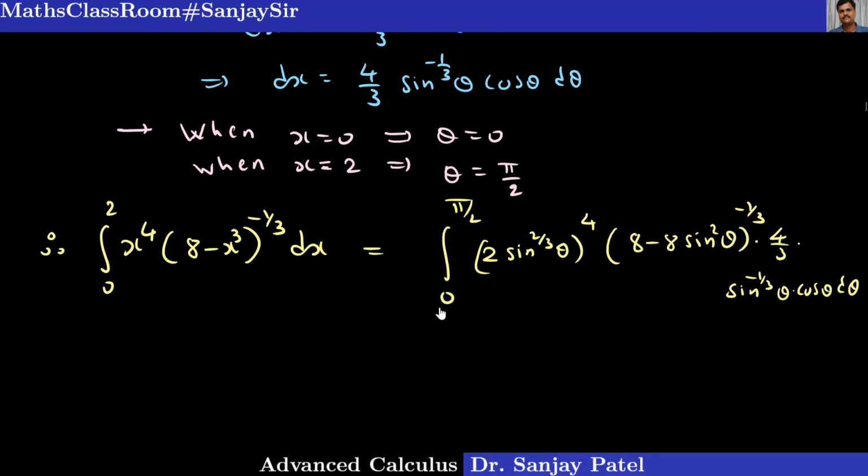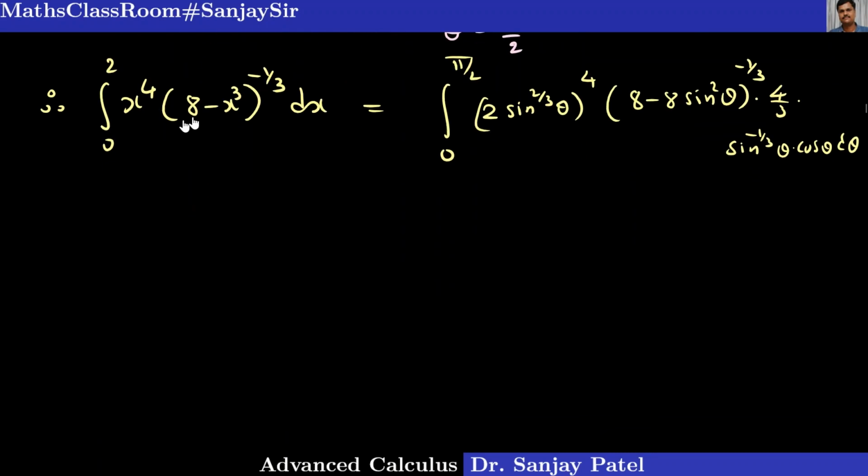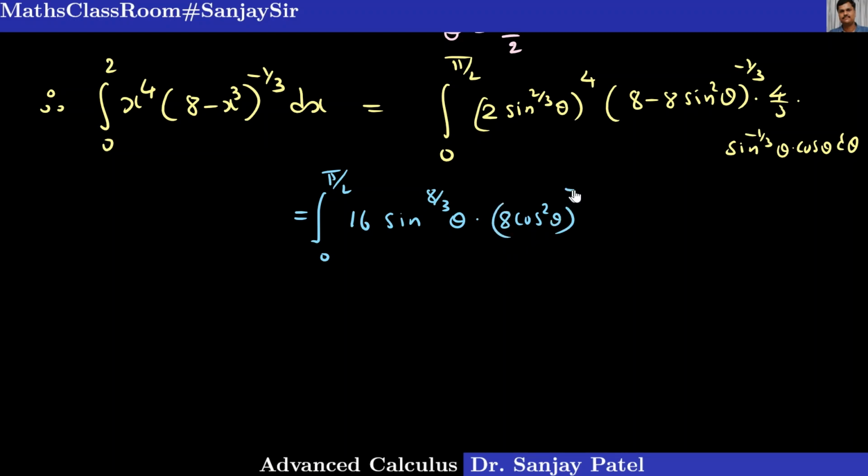This will write as, this is equal to integral 0 to pi by 2, 2 raised to 4 is 16, then sine raised to 8 by 3 theta, and this is 8 minus 8 sine square theta, so it is 8 into cos square theta raised to minus 1 by 3 into 4 by 3 into sine raised to minus 1 by 3 theta into cos theta into d theta.